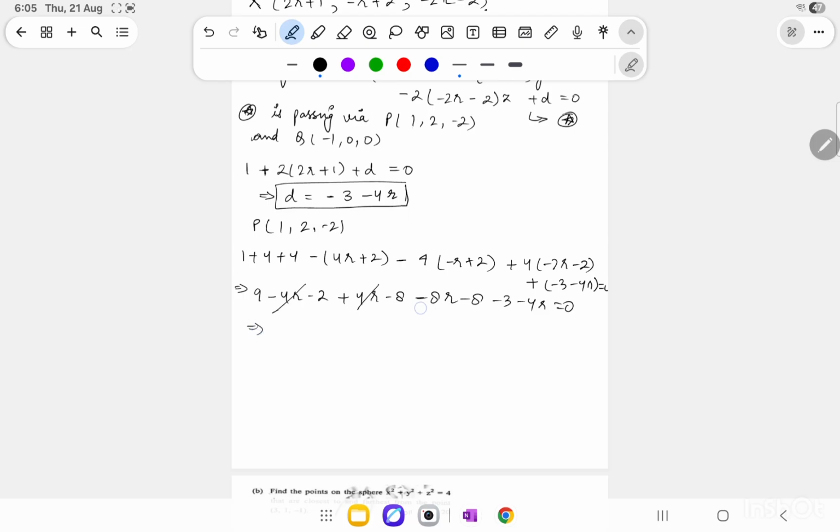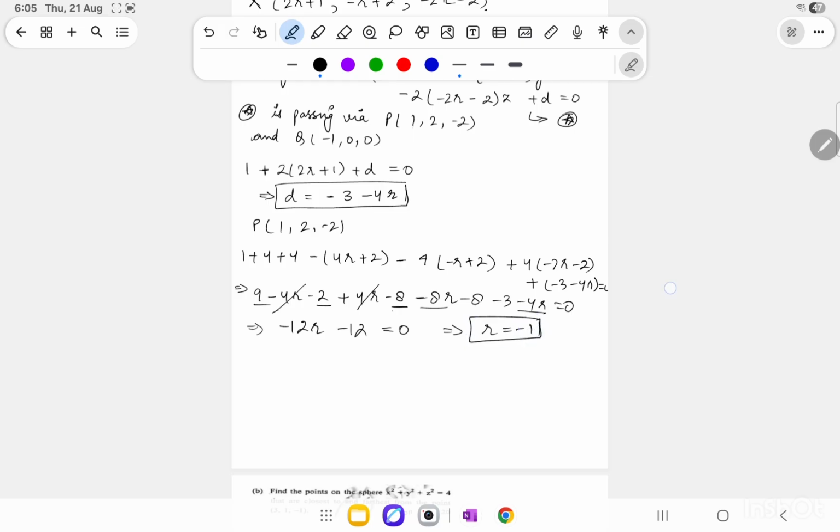So I got minus 12r, 9 minus 2, 7, 7 minus 8, minus 1, minus 1 minus 8, minus 9, and minus 9 minus 3, minus 12, which is equals to 0. So from here I got my r as minus 1.